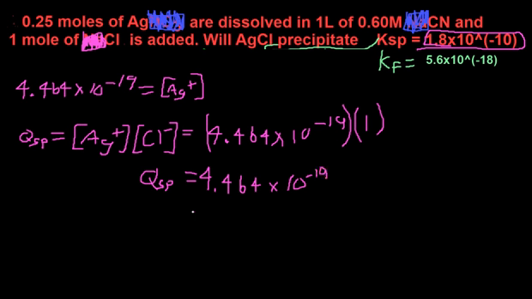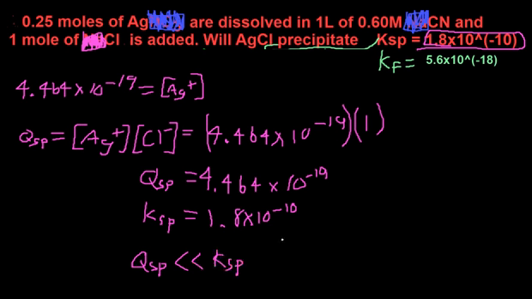When you compare it to our Ksp, which is 1.8 times 10 to the negative 10, we see that our Qsp is much, much smaller than Ksp, which means, because Qsp is smaller than Ksp, there will be no precipitation.